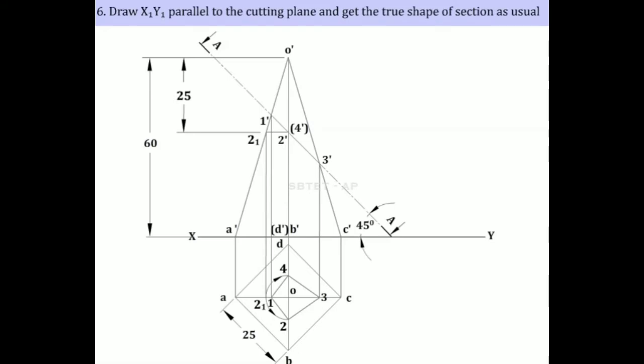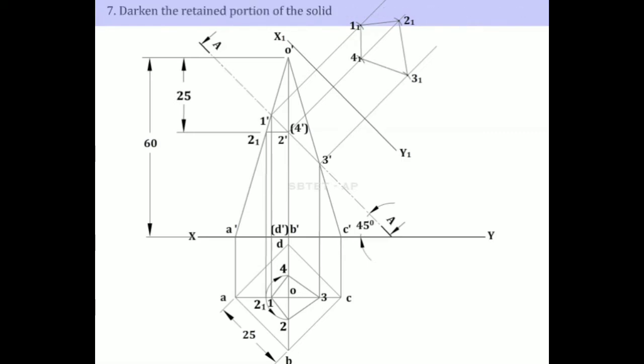Draw x1, y1 parallel to xy and complete the true shape of the section as usual. Darken the retained parts and complete the problem.